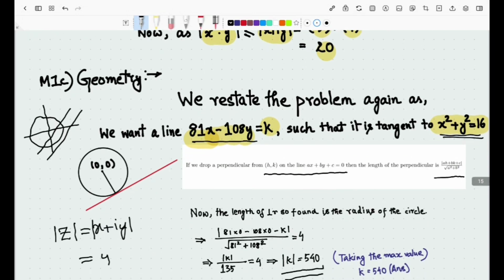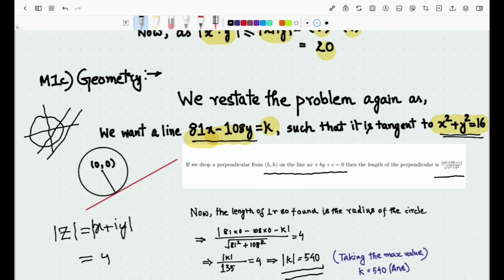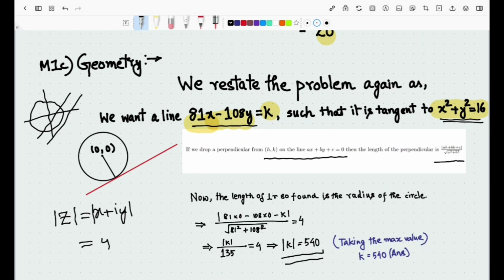So I used the condition of linear optimization, that when the line is tangent to the circle, it will give the maximum value of the intercept. So that intercept value I got out as 540 with the help of the length of the perpendicular being equal to the radius.